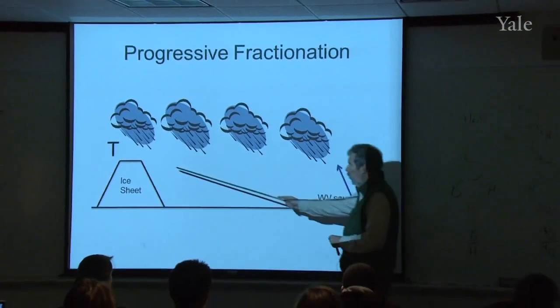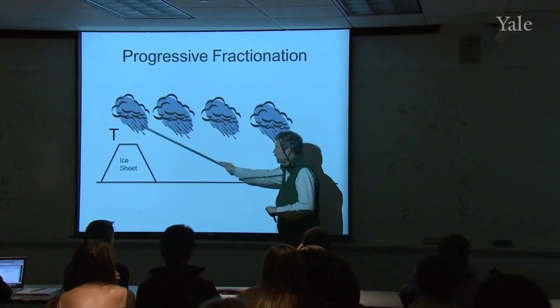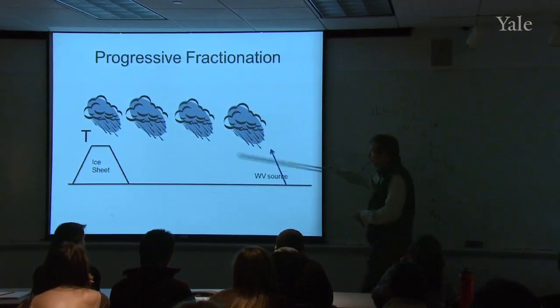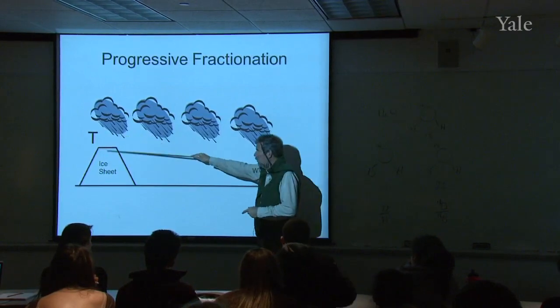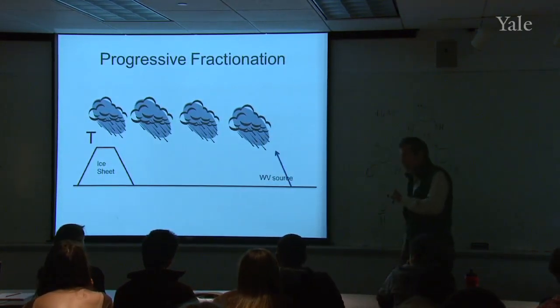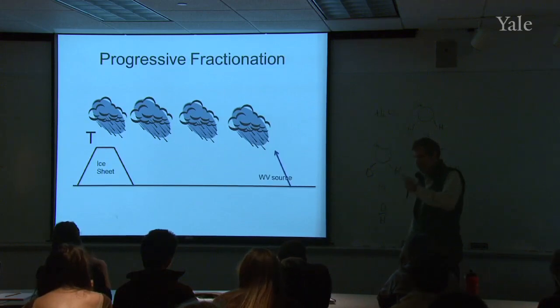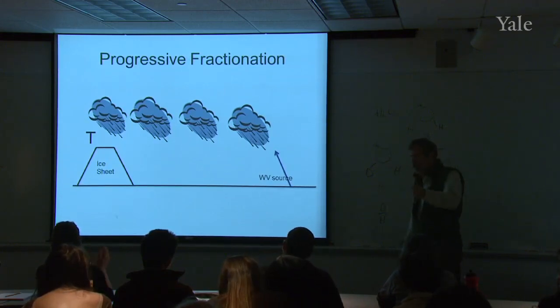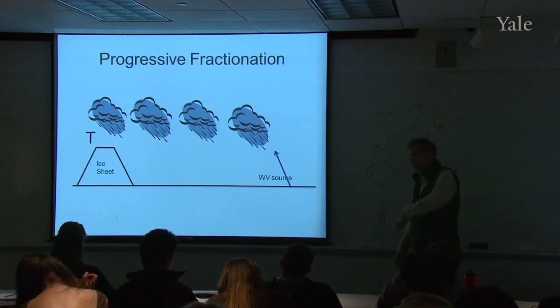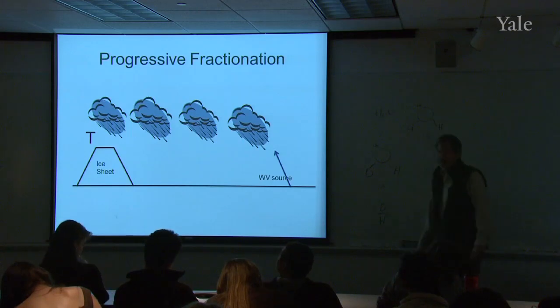But if this were much colder, you would remove a much larger fraction, maybe 3/4 of the water vapor. That would fractionate more strongly, and you'd get lighter isotopes falling on the ice sheet. So temperature, remember, controls how much water vapor you have in the atmosphere. So the more cooling you get, the more water vapor has to be removed. The more water vapor you remove, the more fractionation there's been in the isotope ratio.